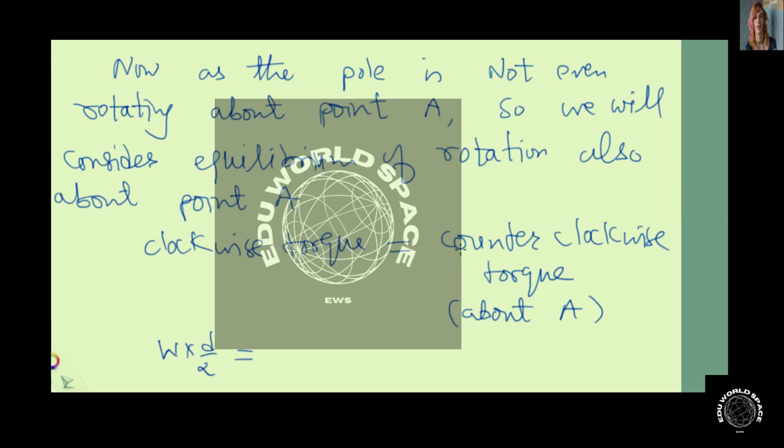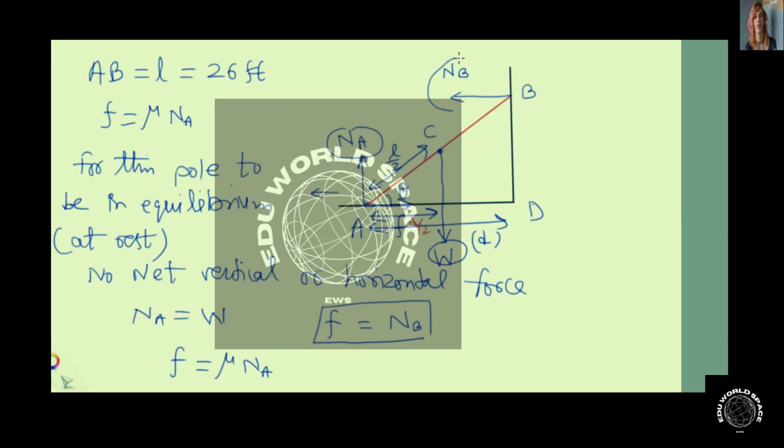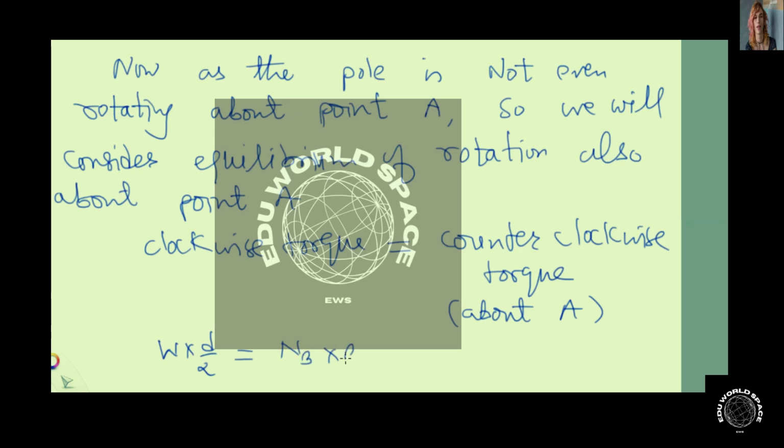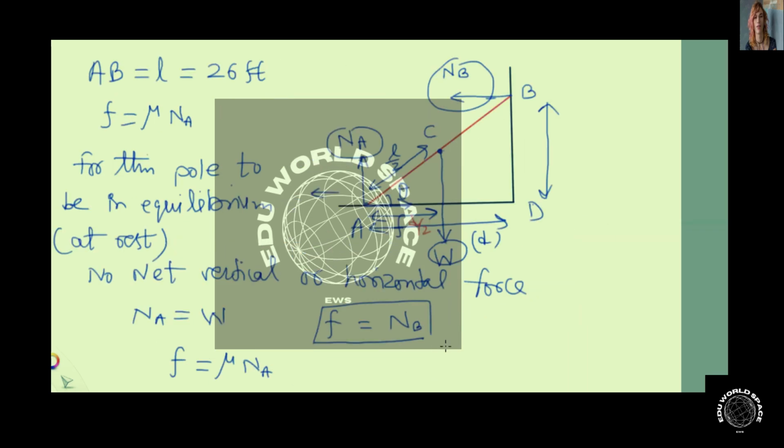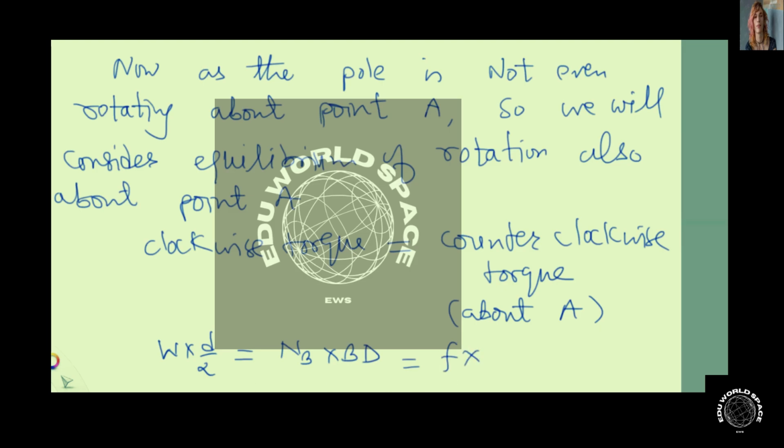And counterclockwise torque will be provided by this NB, and this will be NB into BD. Now putting all the known values for this NB, this is equal to force of friction into BD.